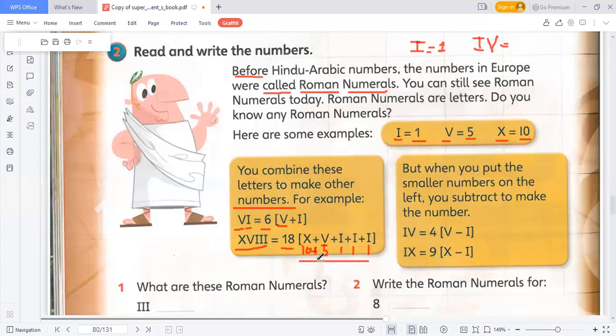So 10 plus 5 is how much? 10 plus 5 first. It's 15, right? Okay, 15 plus 1, 16, 17, 18. Correct. So the Roman numeral for 18 is XV and then triple I.